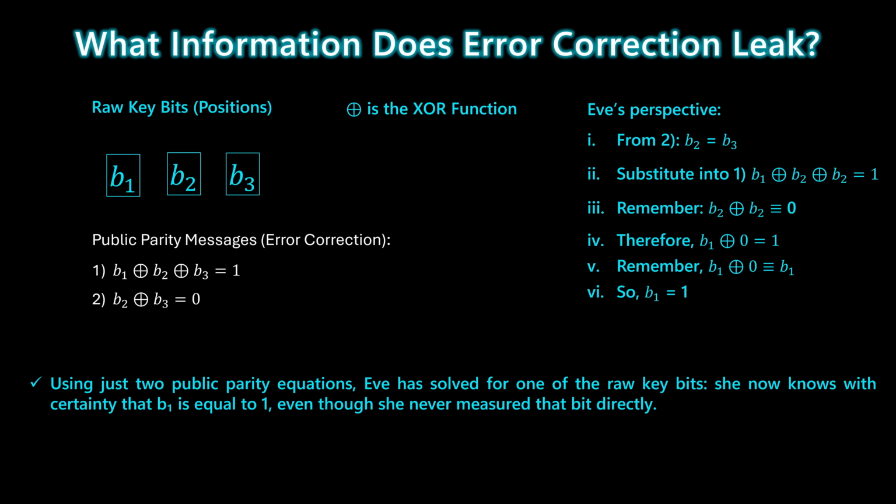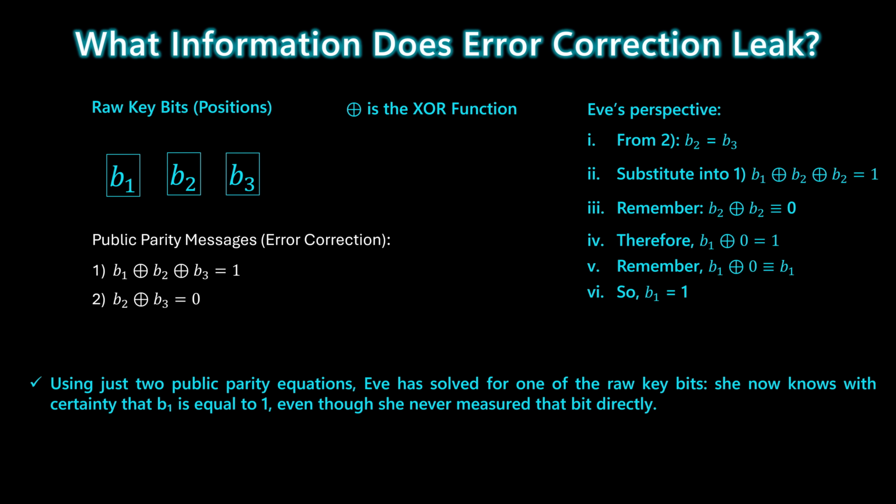In this example, Alice and Bob announce two parity constraints. Think of these as statements about how the three bits relate to each other. Eve doesn't know the values of B1, B2, or B3 yet, but she does know the two rules that the three bits must satisfy. Eve starts with the second rule, which tells her that B2 and B3 must be the same. That alone is already useful, because anytime two unknowns are known to match, it reduces the number of possibilities she has to consider.